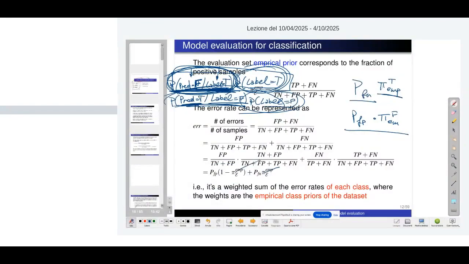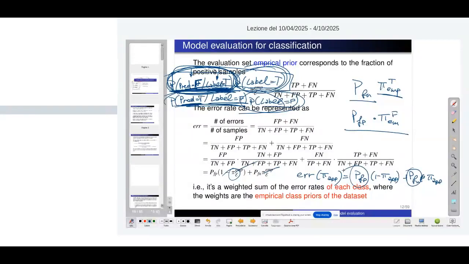But now that we have this, I hope that it will not cause problems if, rather than using this, we define a new error rate for an empirical application prior that employs the same expression, but where the prior probability here is replaced by the application prior. So what are we doing here?